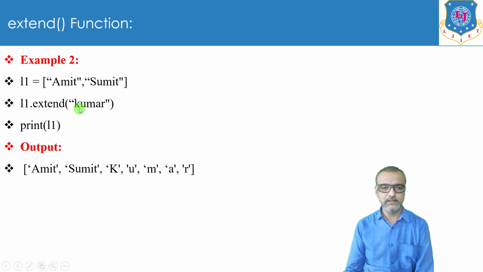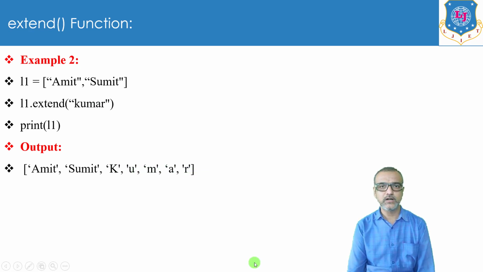So all the letters of Kumar will be added to the list L1. So if we just print L1, what will be the output in this case? First Amit will be as it is, Sumit will be as it is, and all the letters of the word Kumar will be added, that is K, U, M, A and R.